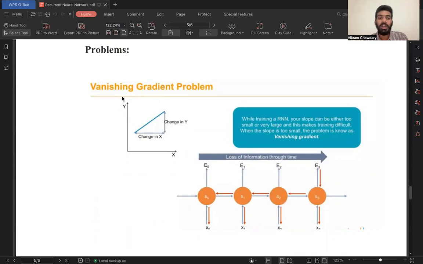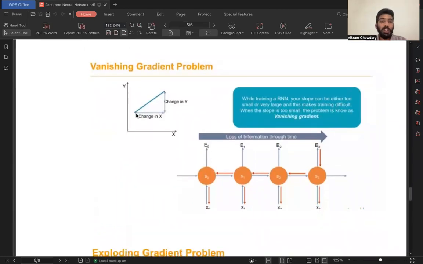If the gradient starts to explode, the neural network will be unable to learn. And there are two standard issues of the standard recurrent neural network. One of them is the vanishing gradient problem.